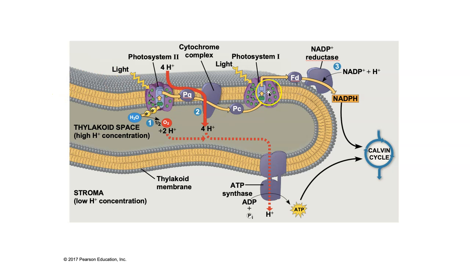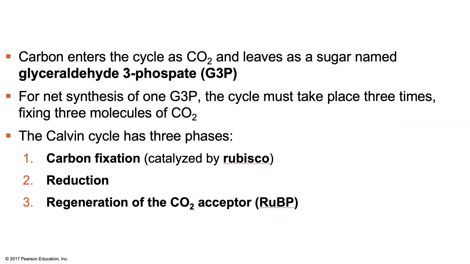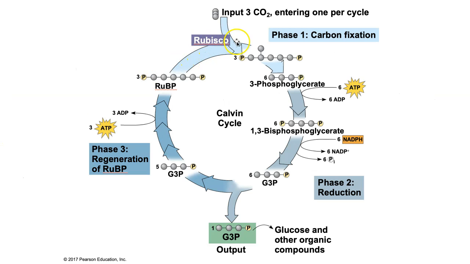This is the light cycles, the light reactions. Note that ATP and NADPH are both created in the stroma, which is where the Calvin cycle is taking place. For the Calvin cycle, there are the 3 different phases. Note Rubisco, we're fixating carbon. Carbon is being reduced in the reduction phase.